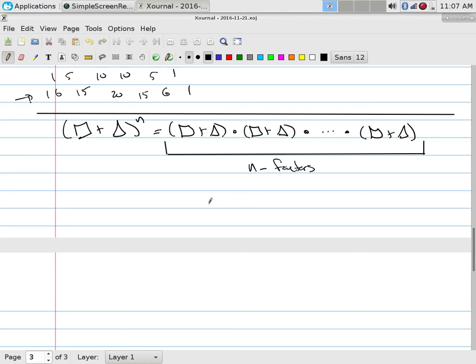So I take a square or a triangle, and take a square or a triangle, and take a square or a triangle, and I would go through this entire thing, right? What this simply says is take a square or a triangle n times. That's all that is saying.